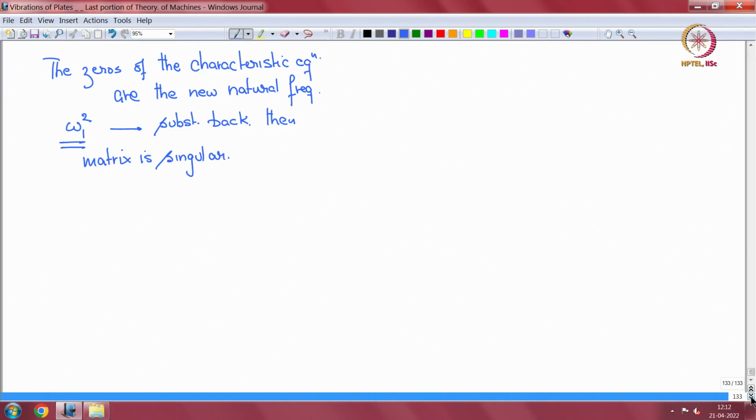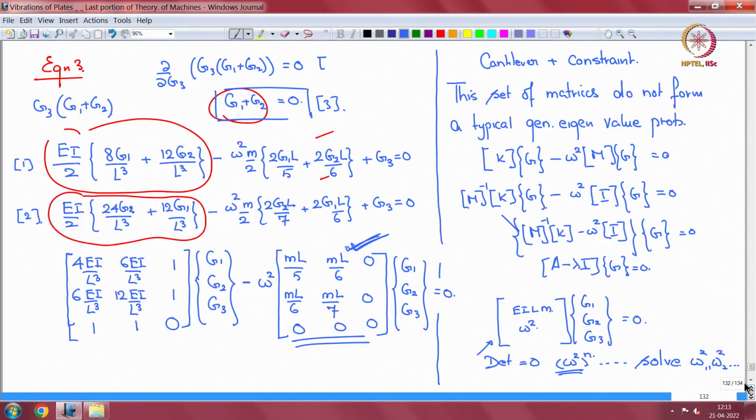Which matrix is singular? This matrix, or the combination of this matrix. This matrix is now singular, and you have G1, G2, G3. So once the matrix is singular, not all G1, G2, G3 need be 0.